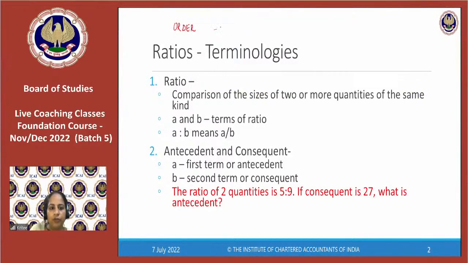If the ratio is a to b, that's the order, like a is in the numerator part and b is in the denominator part. Again, if 4:5, then 4 will be the antecedent and 5 will be the consequent. That's the order of the ratio. Fine. So that is what we are saying by the order of the ratio.